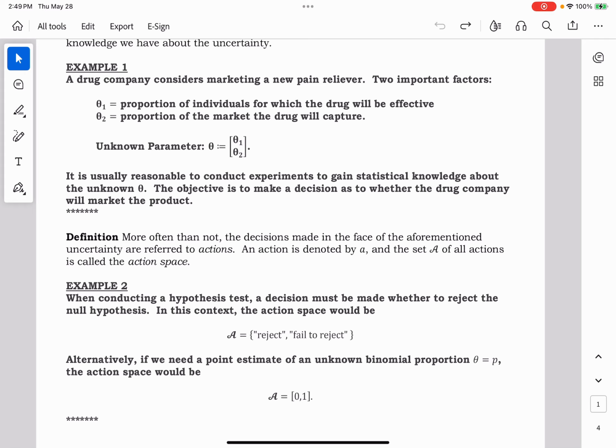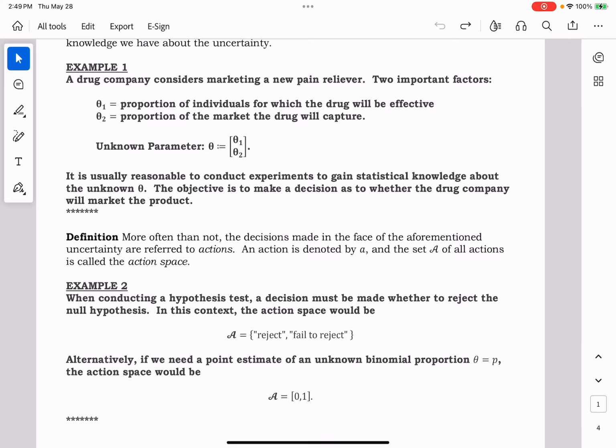Well, we could look at what's called prior information, and that is a big part of Bayesian statistics, which kind of goes hand in hand with statistical decision theory, and so is a big part of this course as well. And we will look more into how that all plays out as the course progresses.